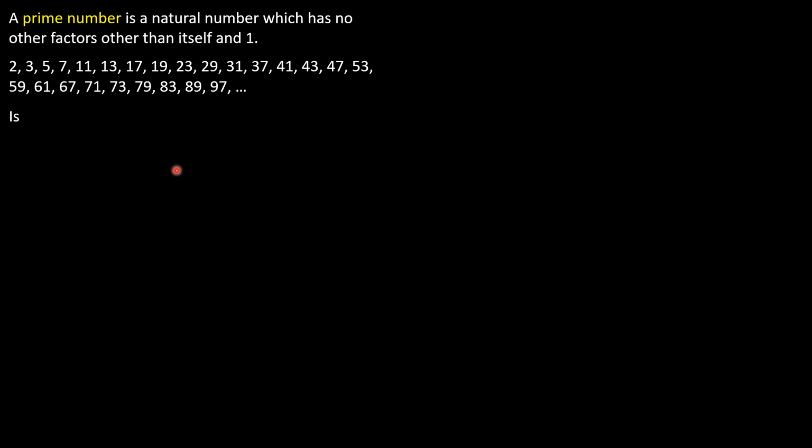So for instance, is 799 a prime number? Then the answer is no, because we're going to evaluate the square root of 799. The technique is you have to evaluate the square root of 799 using your calculator, because usually the calculator is allowed, especially if you're in the engineering course.